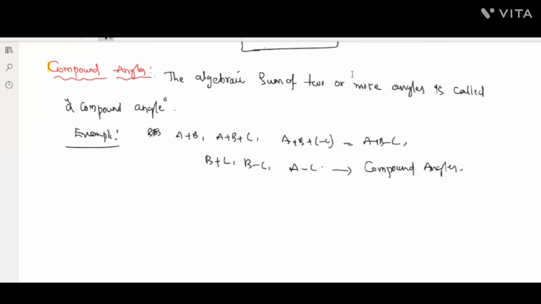Here we have different formulas for compound angles.